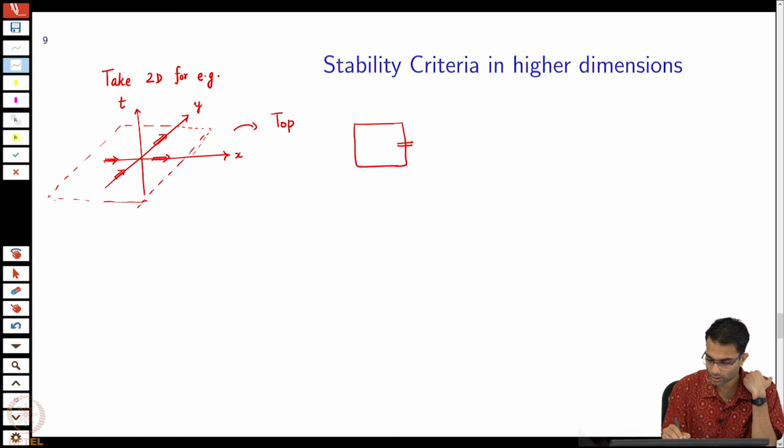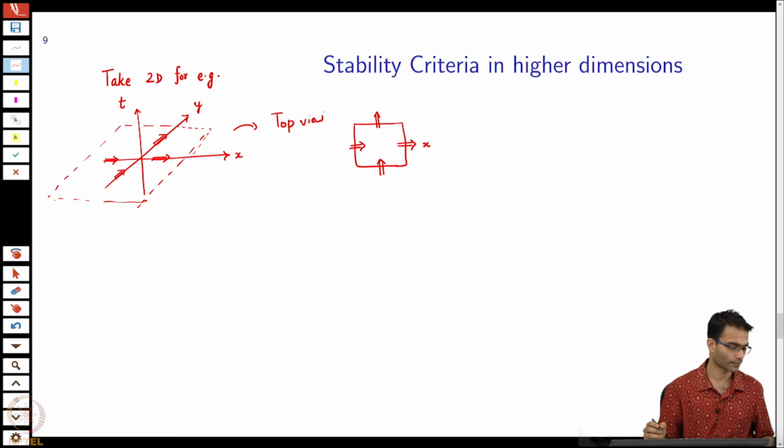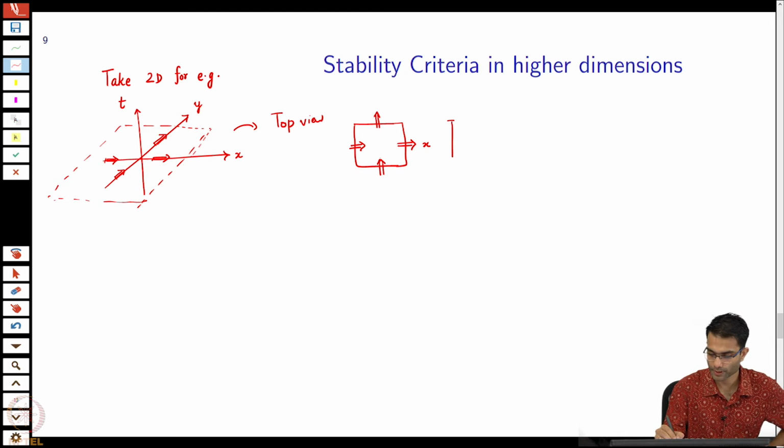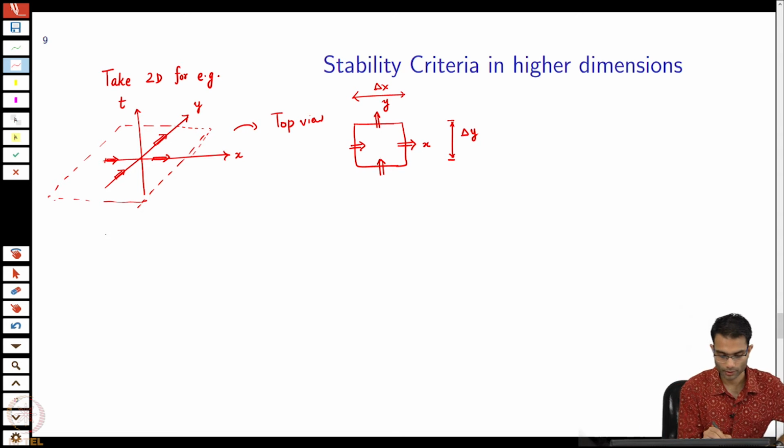So there is a x, so this is spaced apart by how much? Delta y, and this is spaced apart by. Okay. What equation do we want to use?